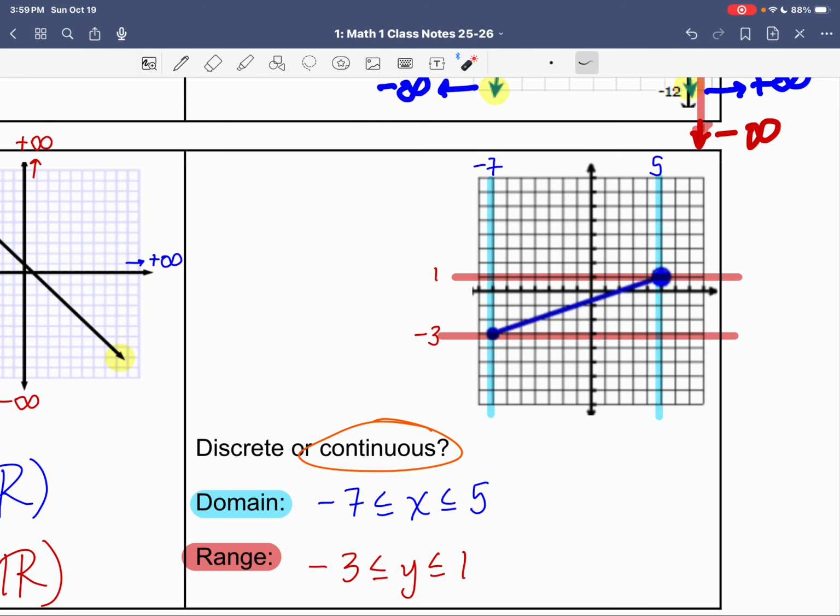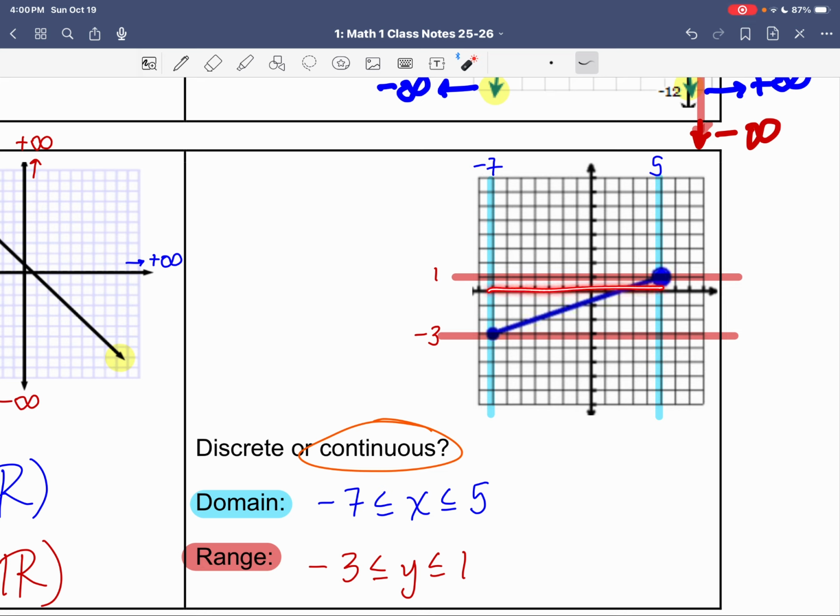All right. Now this one does have endpoints. So since this does have endpoints, we can go back to what we were doing before. This is continuous because it's all the points in between. And then we know our domain. Look at your x's. So it would be -7, and then this is 5.